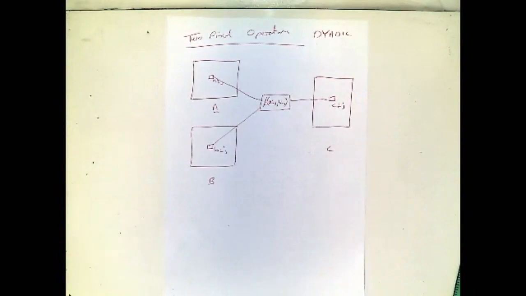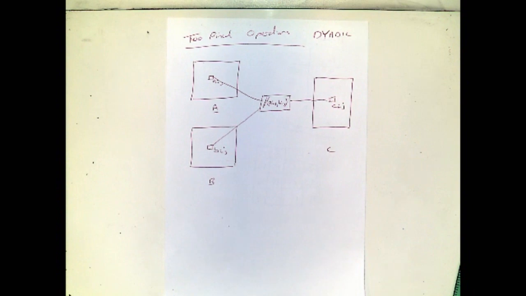Now, some operators we will see later on, we will be putting pixels in different positions of the output. But at the moment, it's the same location on both inputs and the output. And again, it has to be done for every pixel in the image.